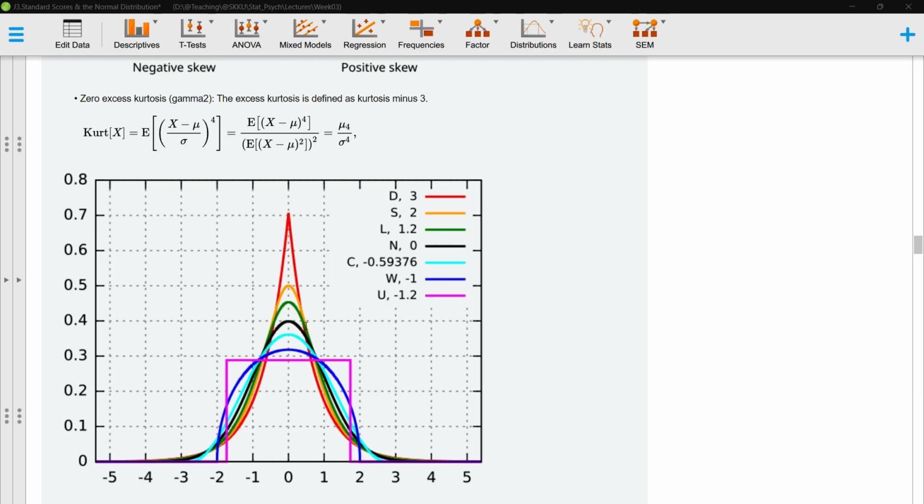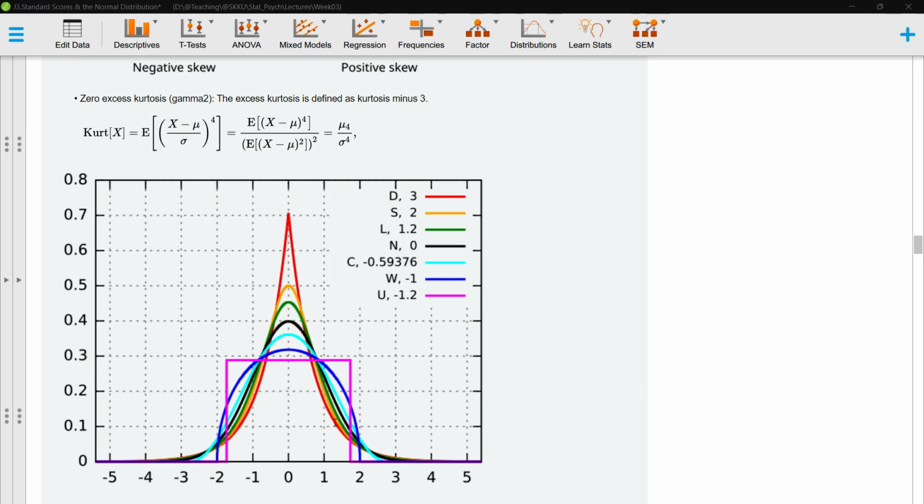And in contrast, the distributions below the normal distribution, like the sky blue one, the blue one, and the purple one here, have a pretty short tail or no tail at all, right? And those have a negative excess kurtosis.